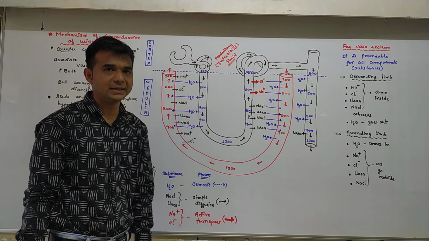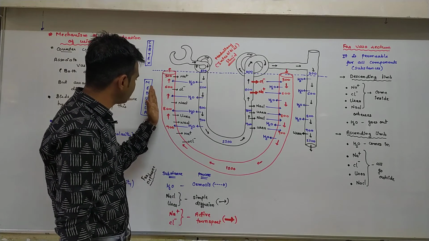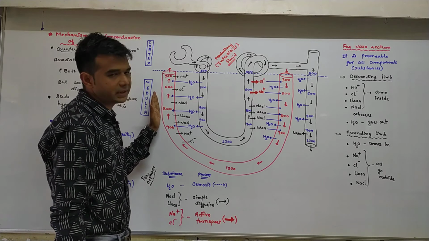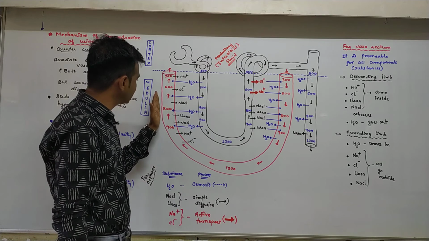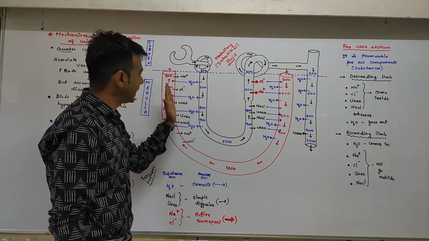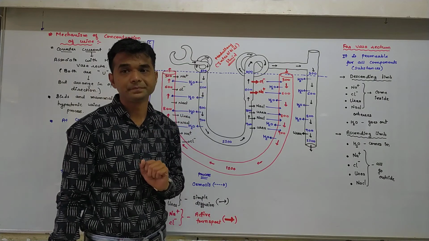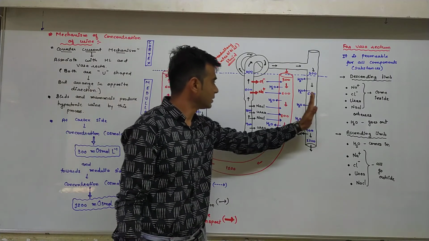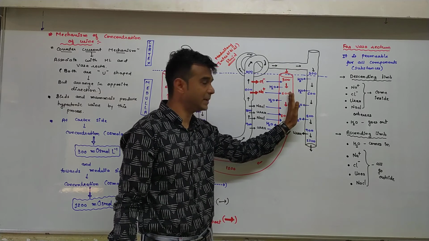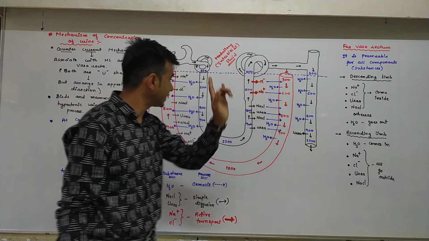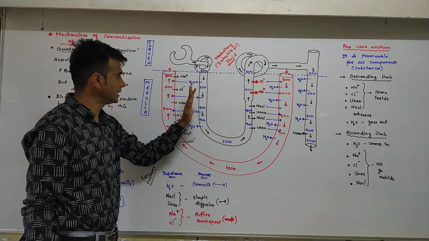Remember one confusing thing. The salts move from the ascending limb of the vasa recta and enter inside the descending limb of the vasa recta, as well as the collecting duct, as well as the descending limb of the loop of Henle.